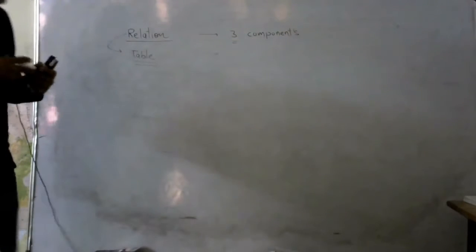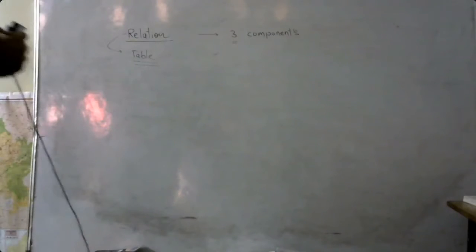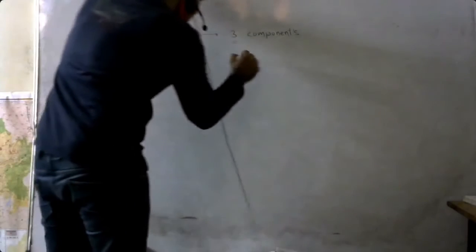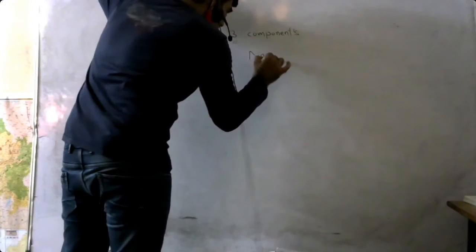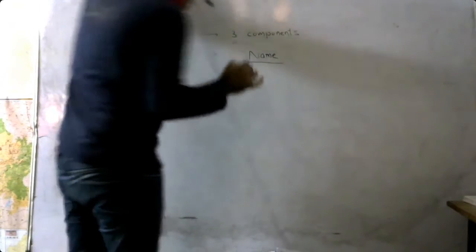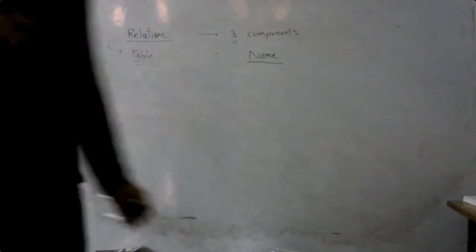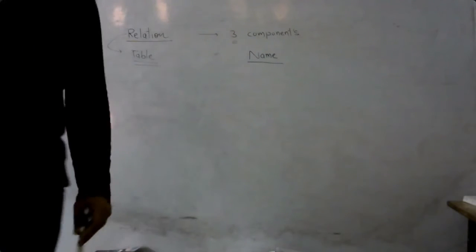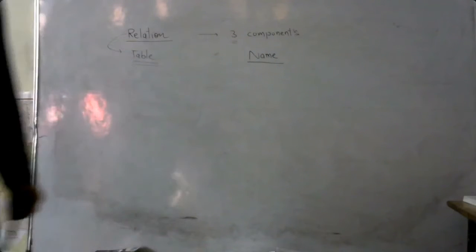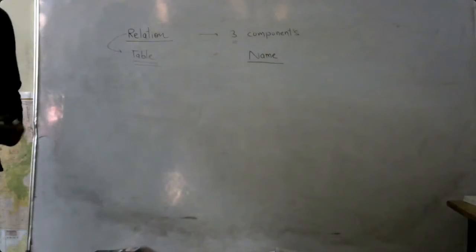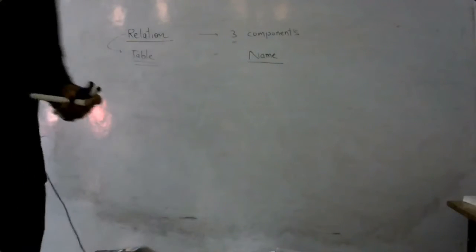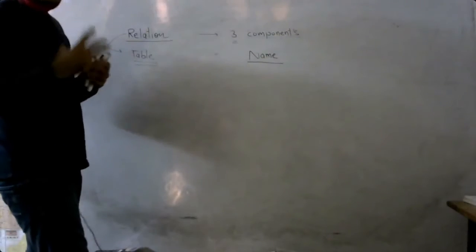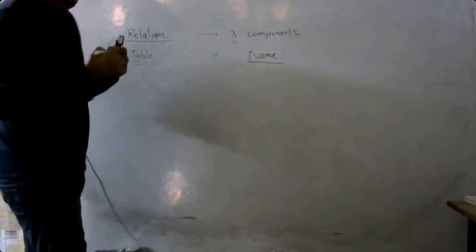We have already covered what a relation is. Now the main components of a relation: there are three. The very first one is name. Every relation, every table, has a name, like the relation employee, or a table login. You might have heard about login or sign up. There are many components, but I'm going to talk about only the main ones here.